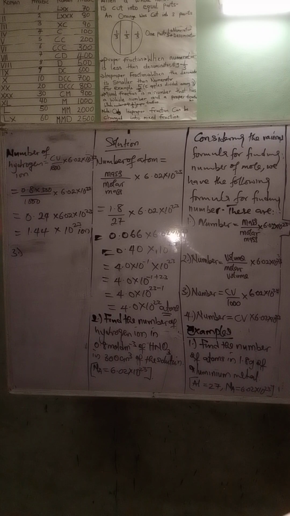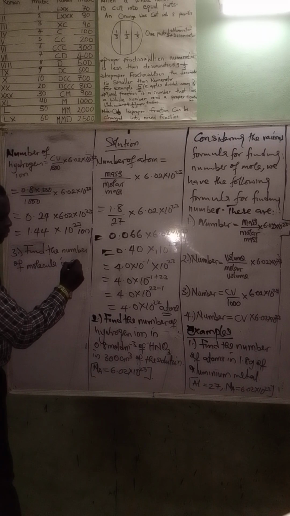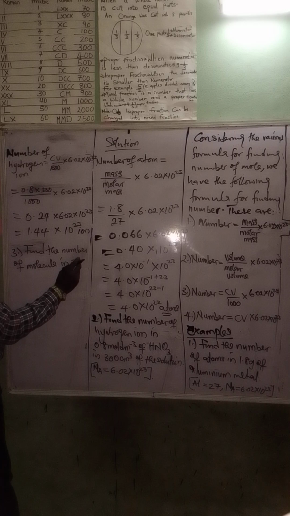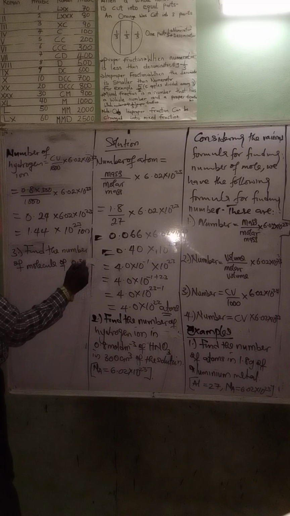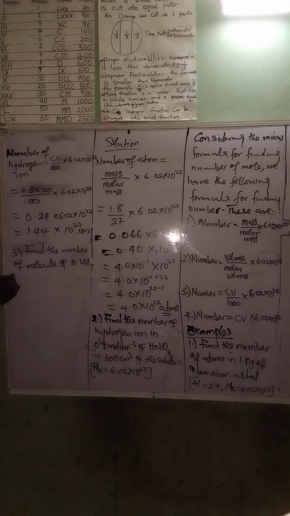Now example 3. Find the number of molecule in 0.3 mole or molar of Na2CO3 in 3.5 dm cube of the solution.